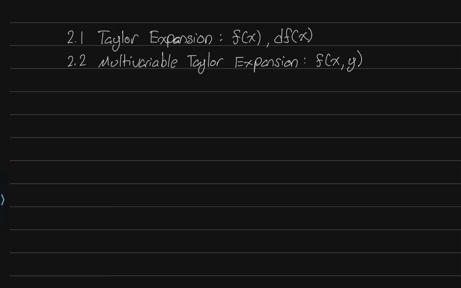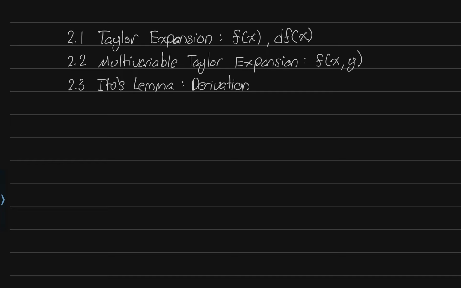Now, once we've gotten those out of the way, we can get to a very important cornerstone in stochastic calculus, which is called Ito's lemma. And I will be deriving this using our Taylor expansions that we've discussed in the previous 2 videos.